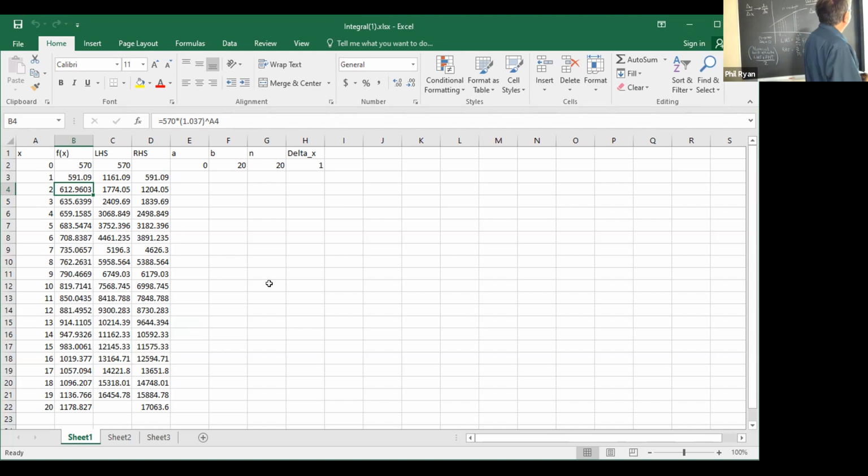So what we're talking about maybe is a town. Maybe this is thousands of people. Okay, so we've got a city, we've got 570,000 people in it, and we're told that the city grows at 3.7% per year. Okay, and so here, this is what we start with, 570,000, next year 591,000, etc., growing by 3.7% per year.